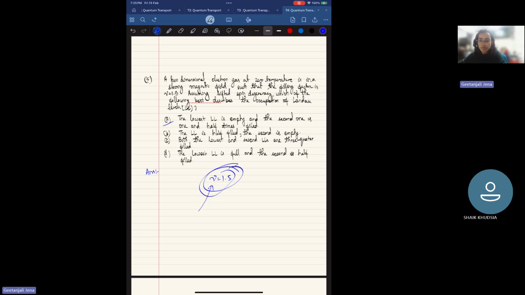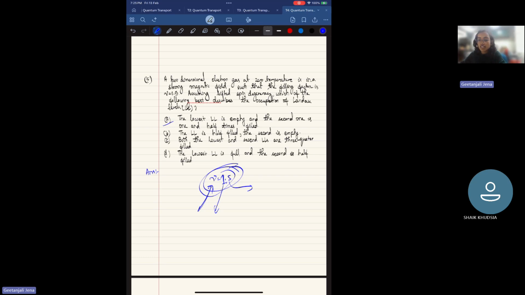So when nu is 1.5, you can easily guess. Nu is 1.5 means the lowest Landau level is filled, and the second one is half filled. So this is how we can interpret whatever value we are getting for the filling factor. If it was 1, then the lowest Landau level is fully occupied.